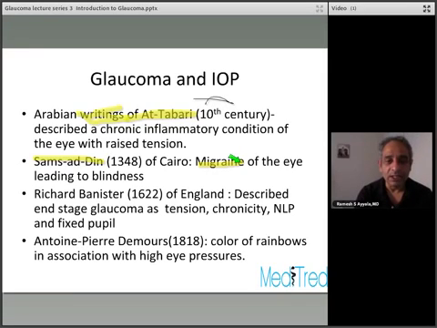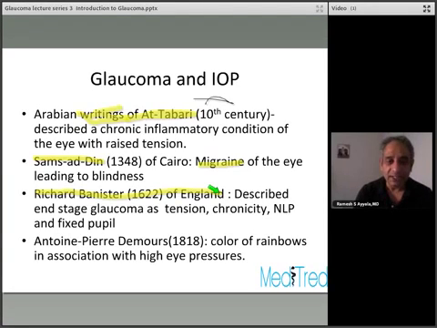Now it was left to Richard Bannister in 1662 from England to describe the end-stage glaucoma as a combination of tension, i.e. elevated intraocular pressure, chronicity, meaning the disease process is chronic, no light perception or NLP, and a fixed pupil.